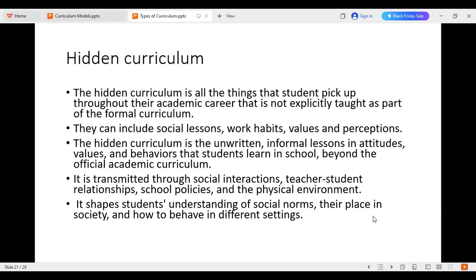Here, directly we do not teach, but children learn. Co-curricular activities are sometimes planned, sometimes not planned, but the hidden curriculum is more than 95% not planned.